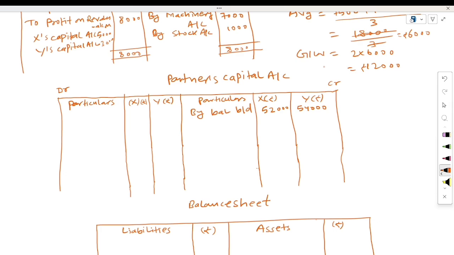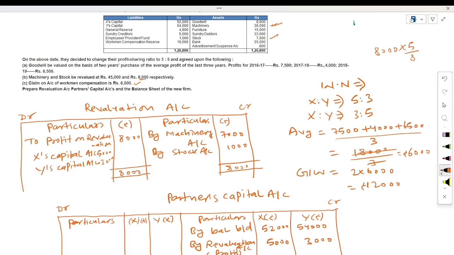Then after, we have to transfer the revaluation profit amount. Here the revaluation profit of X is 5,000 and Y is 3,000. By revaluation account, in bracket you can write profit, 5,000 for X and 3,000 for Y. Then after, we have to check whether in the previous balance sheet any reserve is given or not. If it is given, then you have to credit this among the partners.